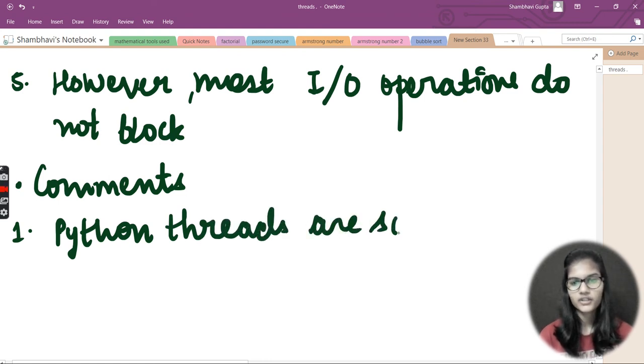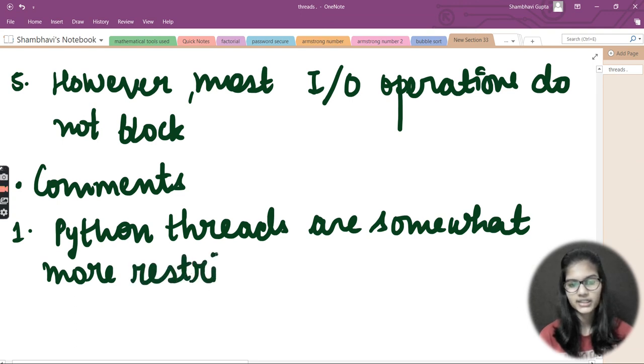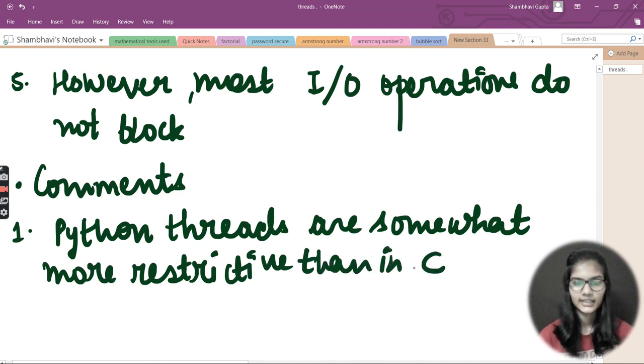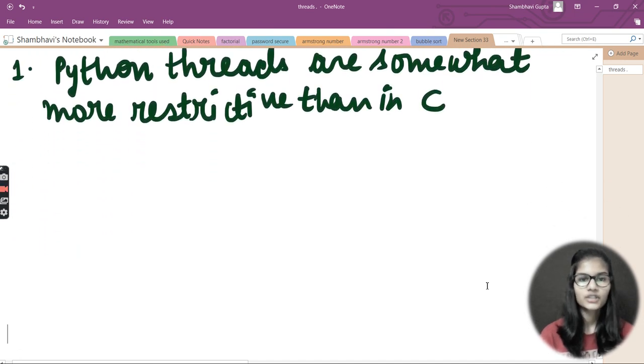Python threads are somewhat more restrictive than in C. In C you also have threads, but in that case it was not as restrictive.